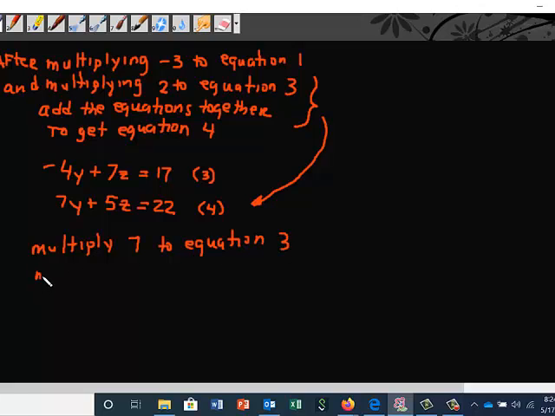And then we want to multiply 4 to equation 4. Add them together. Add the equations.